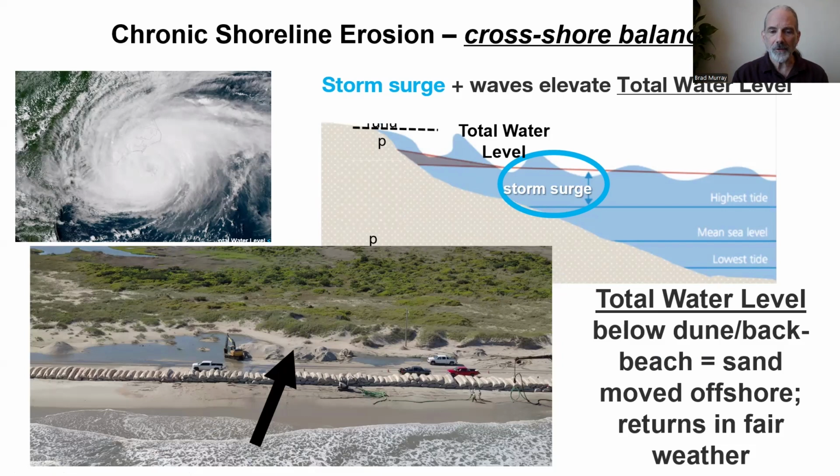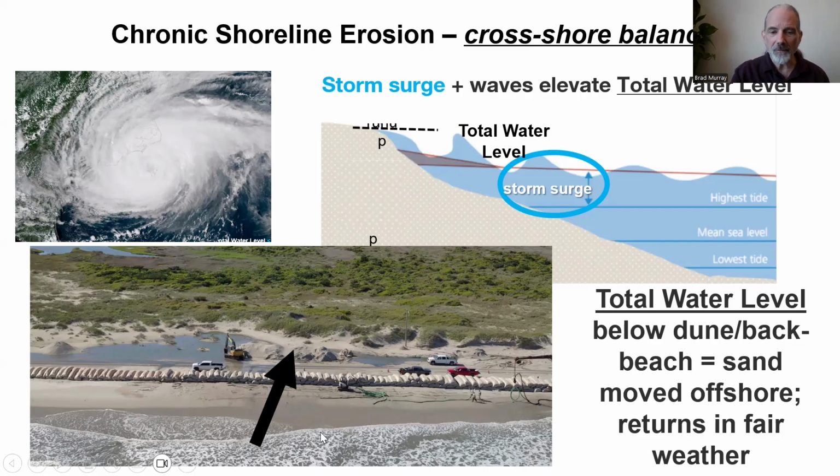So in the long term, this kind of cross-shore transport related to storms does not contribute to the long-term chronic shoreline erosion. On the other hand, during storms where the total water level is higher than the dunes or higher than the sandbags in this picture, then the waves are going to carry sand landward and deposit it on the top of the barrier and the interior part of the barrier.